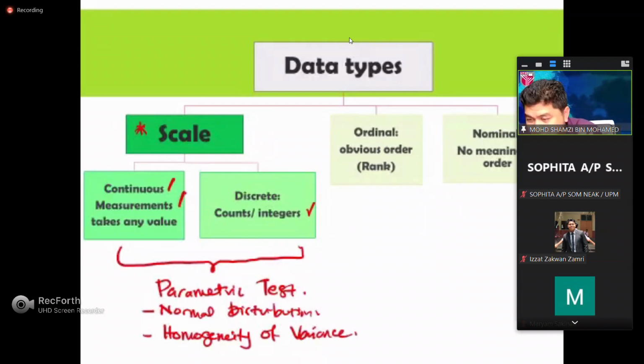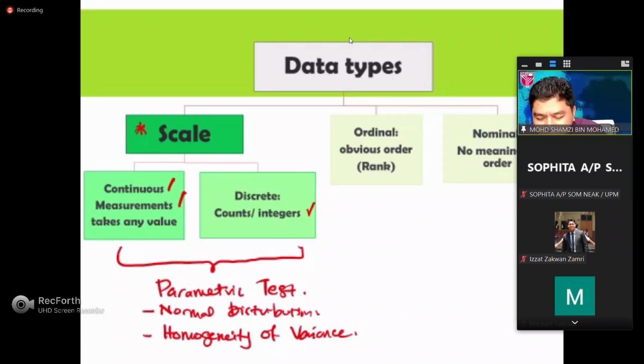This one has already been touched on by Dr. Saufi, so I don't need to touch on it again. It's just for you to jog your memory. Parametric test: the data type is scale, it follows normal distribution, and it also agrees with homogeneity of variance between samples.